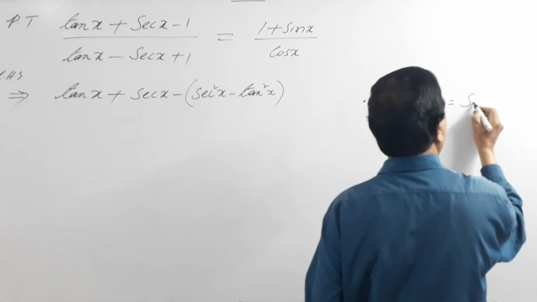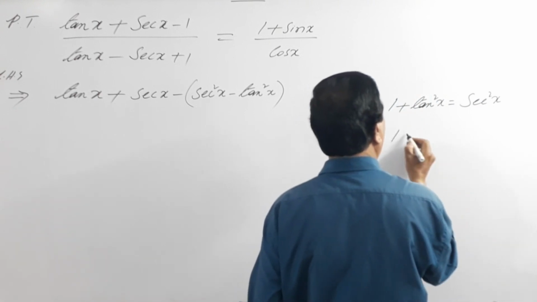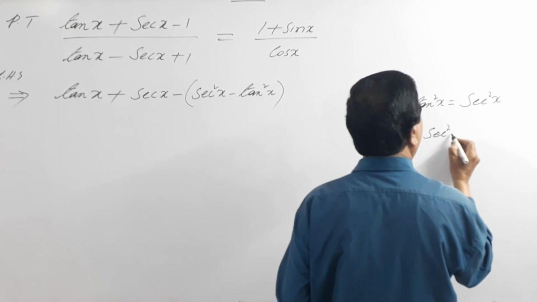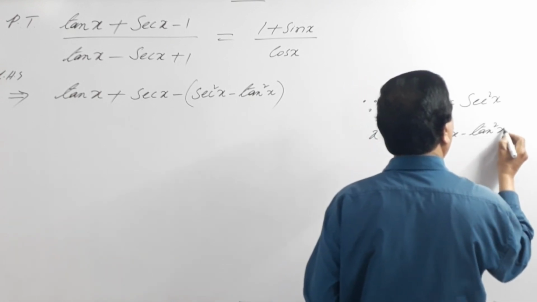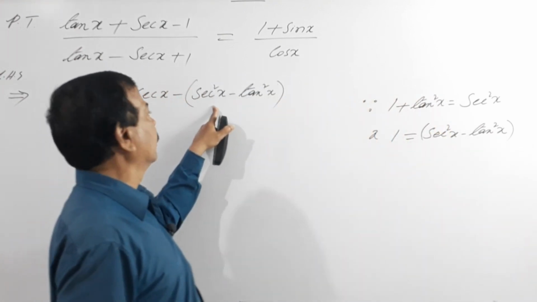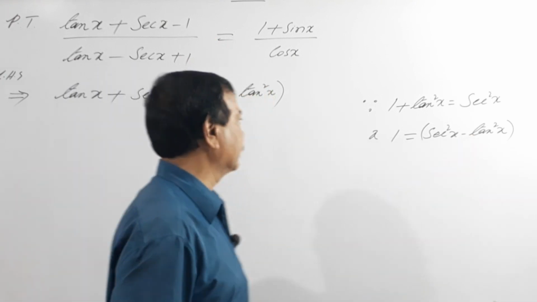Secant square x, and 1 equals to secant square x minus tan square x. I use this. Instead of 1, I have substituted a value with secant square x minus tan square x.